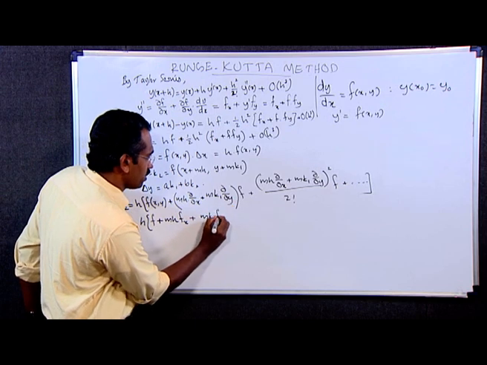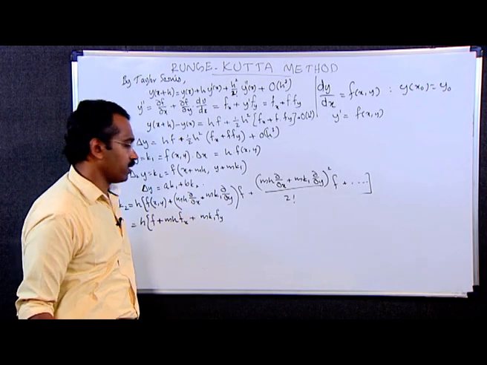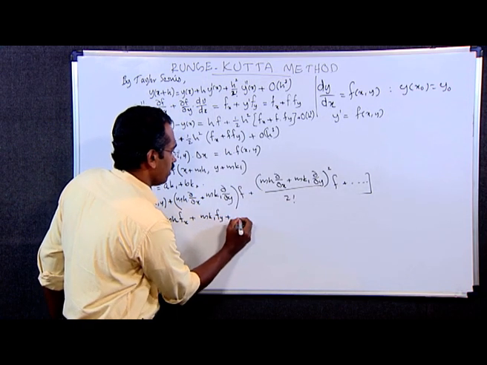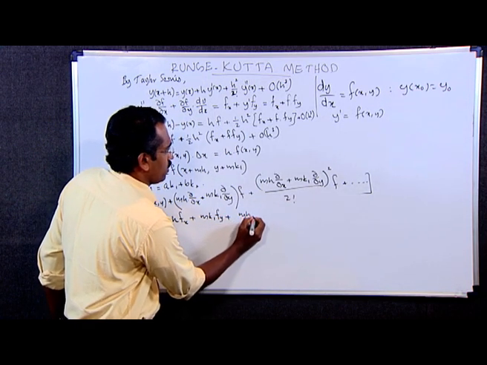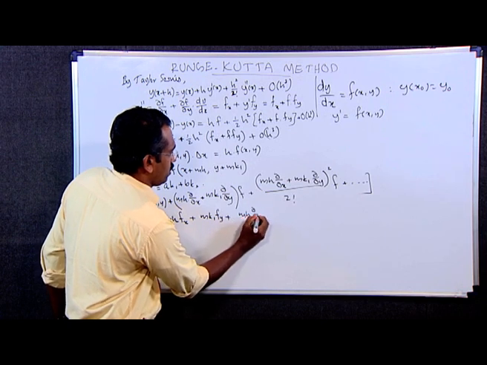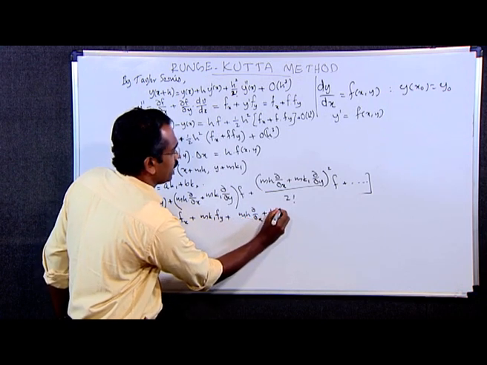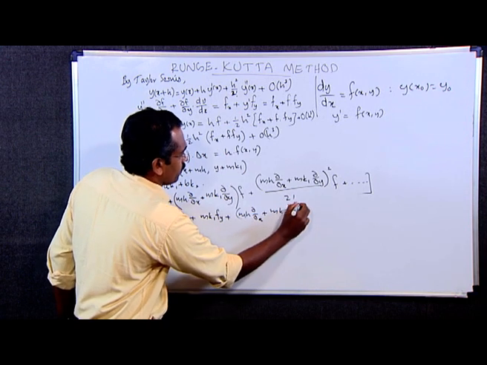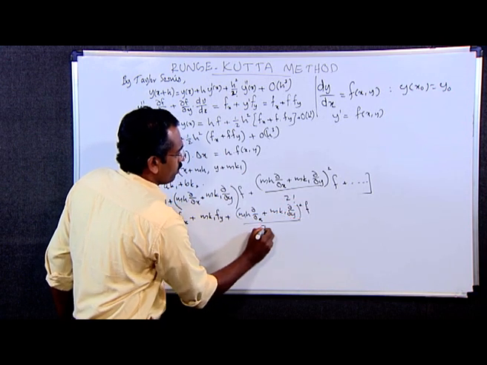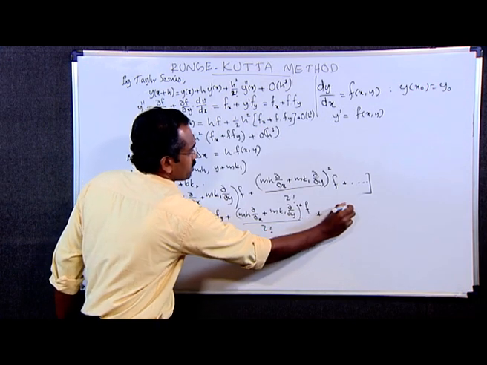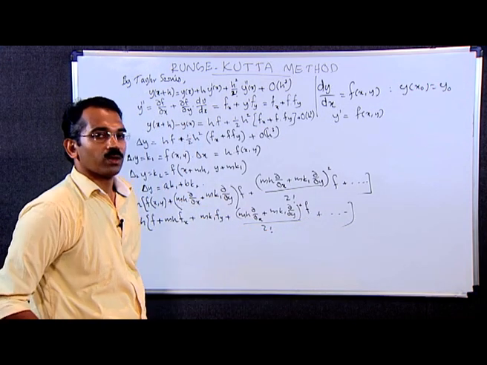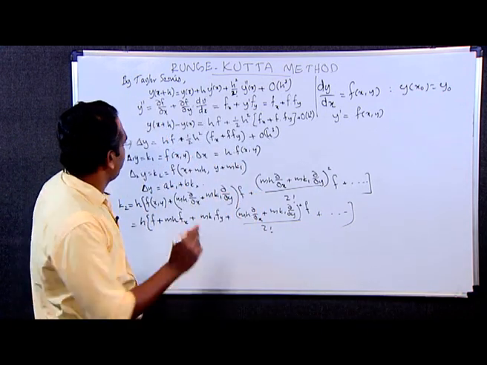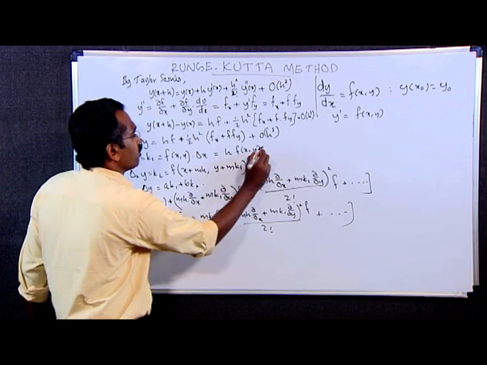Dou f by dou y is f y, plus mh dou by dou x plus m k1 dou by dou y whole square divided by 2 factorial of f plus etc. Here k1 is equal to h into f.